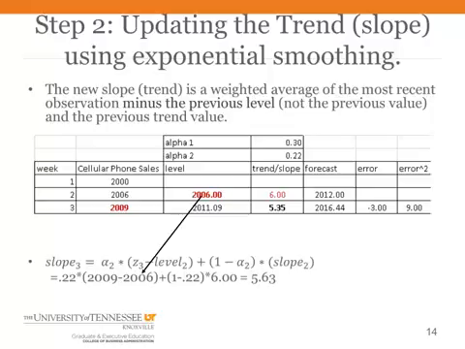I'm going to weight that quantity by alpha. In this case, I'm using alpha of 0.22, and specifically we call it alpha 2. And then I'm going to weight by 1 minus alpha 2 times the previously estimated trend or slope for the process. That weighted average becomes my trend or my slope for time period 3.